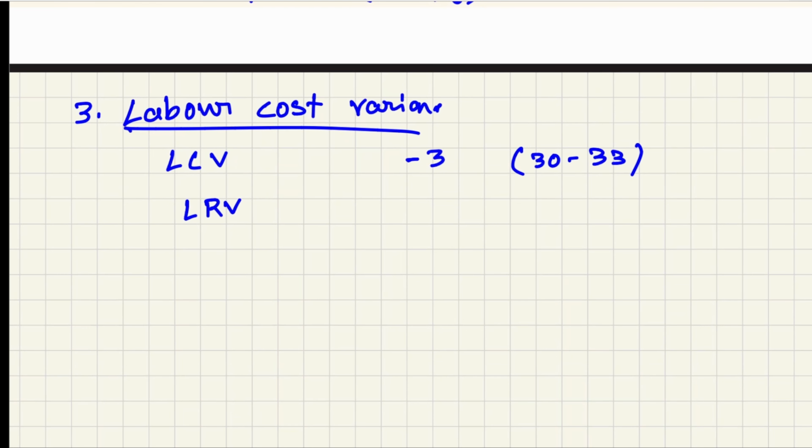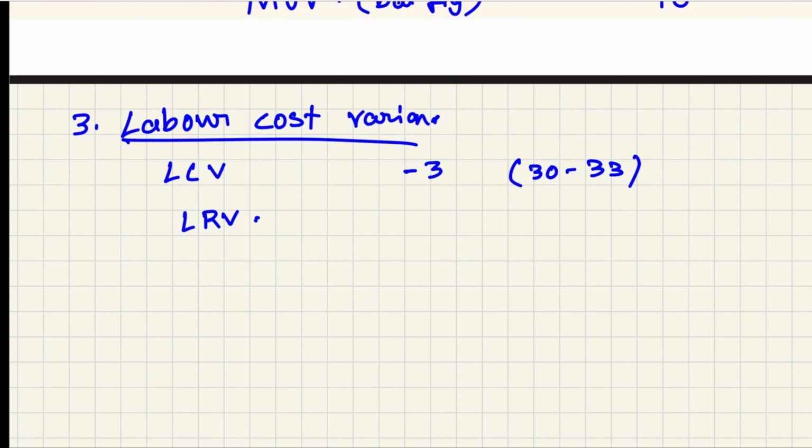Labor rate variance. What is the labor rate variance? Same, 2 minus 3. That means AHSR minus AHAR. So AHAR is equal to 33. I don't know what AH is, I don't know what AR is. So again we have to simplify. I will take AH equal to 33 and AR equal to 1.